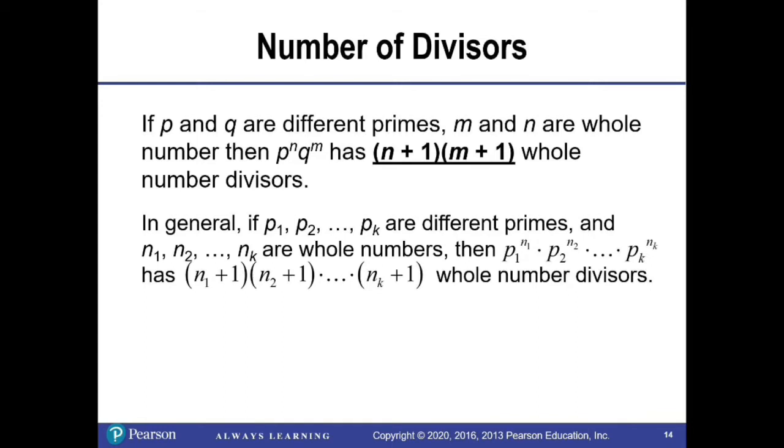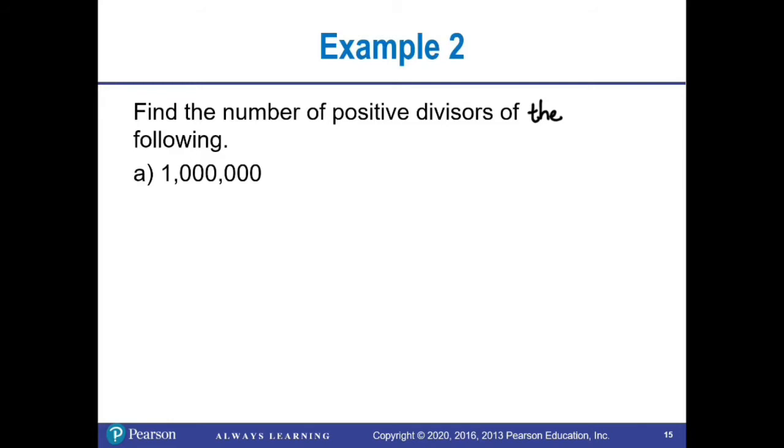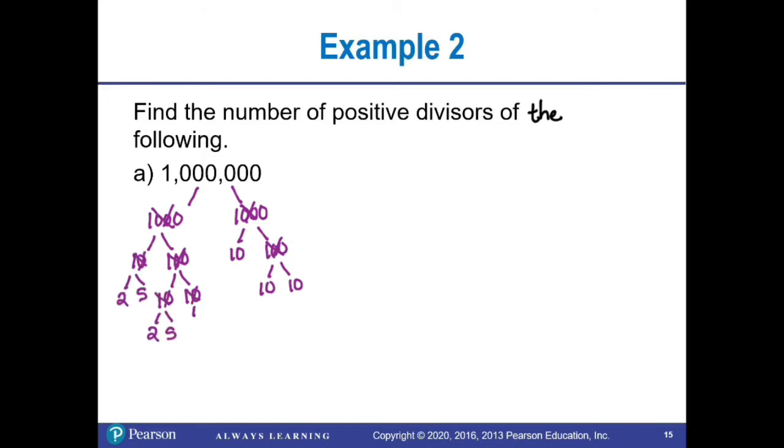So here, we want to find how many positive divisors that 1 million has. So I'm going to start by writing 1 million as 1,000 times 1,000. Now 1,000 I can rewrite as 10 times 100. 100 is 10 times 10, and 10 is 2 times 5.